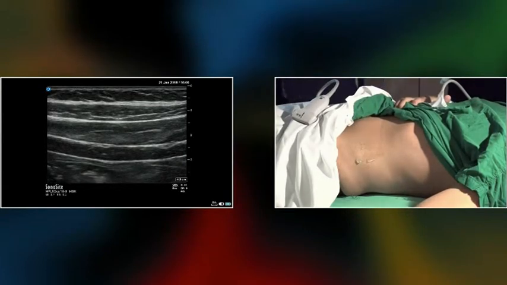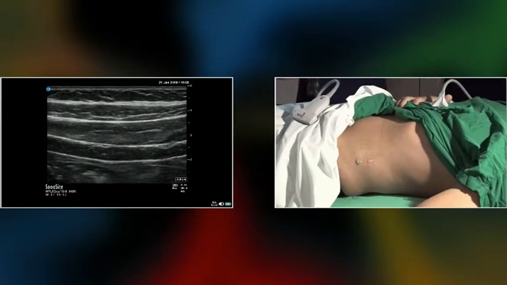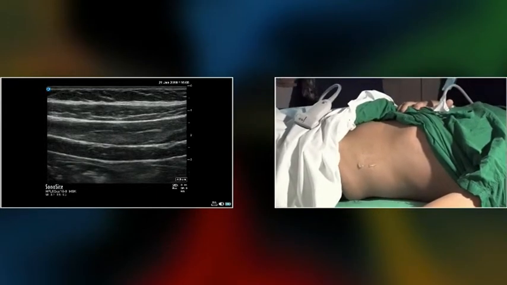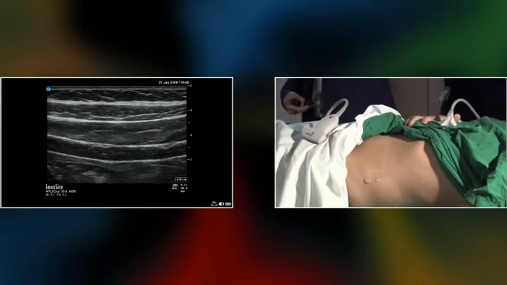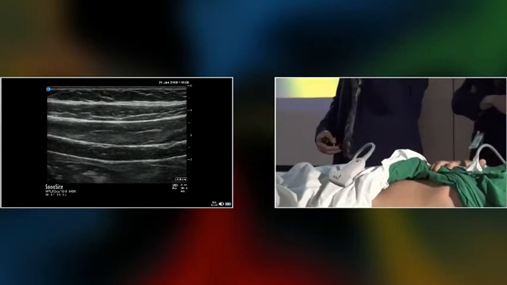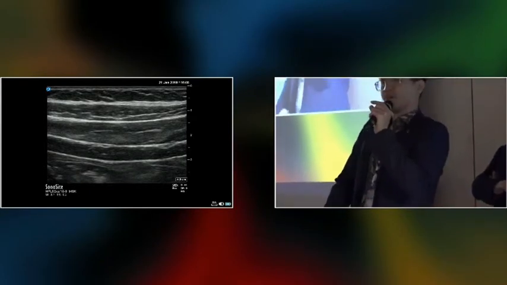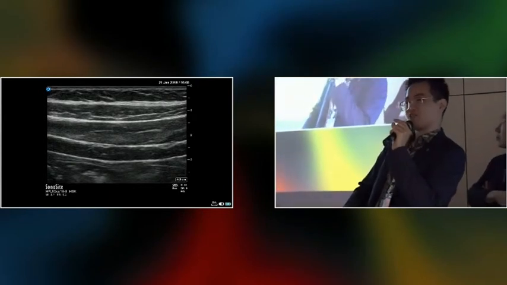So what is the indication for me? I have met patients who received surgery for hernia repair, or another patient for debridement of a retroperitoneal abscess. Here he has a very large incision.